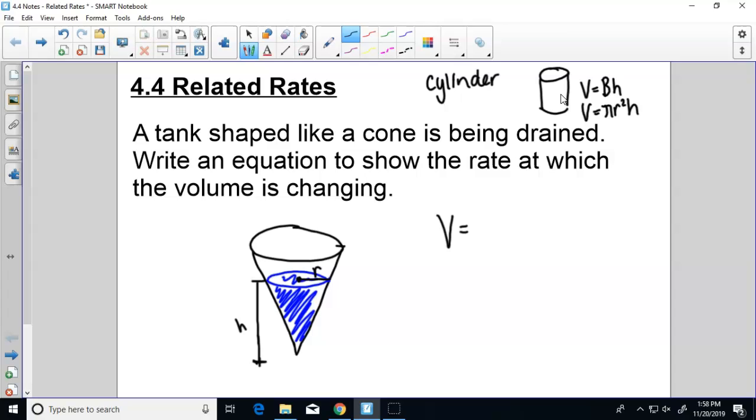How many times do you have to fill up this? Or how many of these would you have to fill up this? Three. It takes 3 cones to equal a cylinder. Okay, so if you have the volume for a cylinder, which is pi r squared times height, then the cone's volume is 1/3 of that.